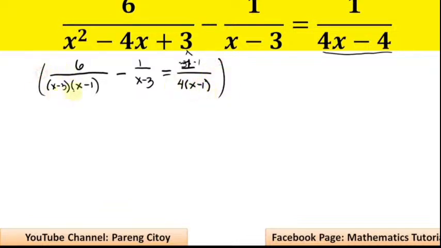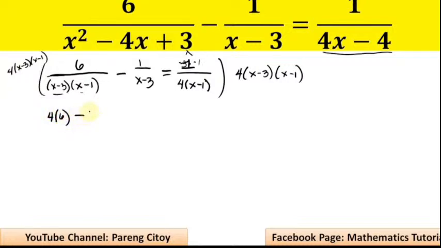Then find the denominator or LCD. So ang LCD natin is, that is x plus 3 or x minus 3, then ano pa, x minus 1 and positive 4. So 4 times x minus 3 times x minus 1, our LCD. So pag i-divide natin yan, so ma-eliminate, so remaining value is 4 times 6.